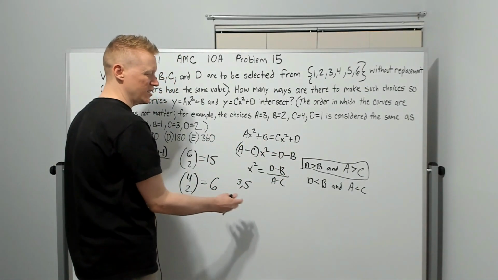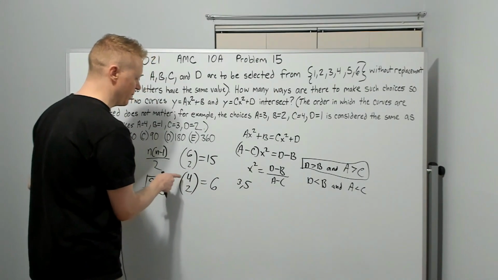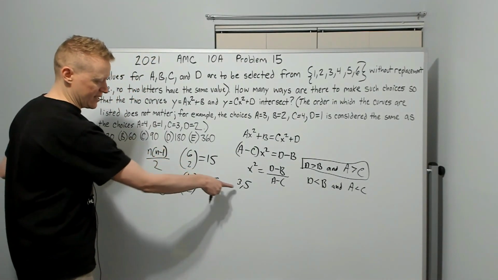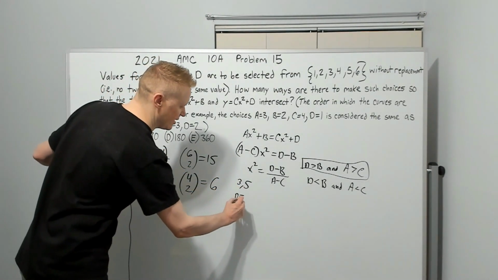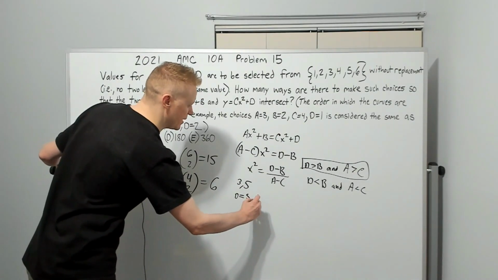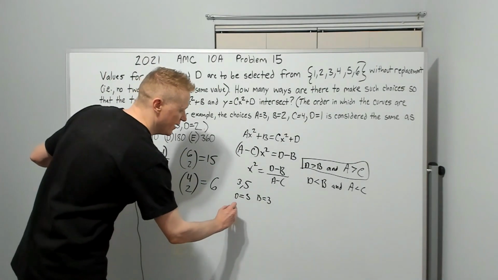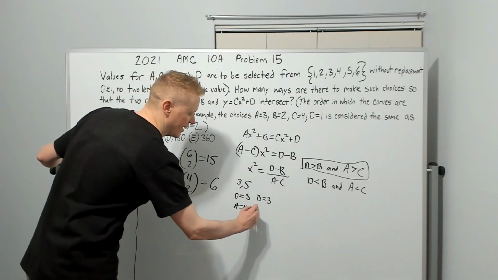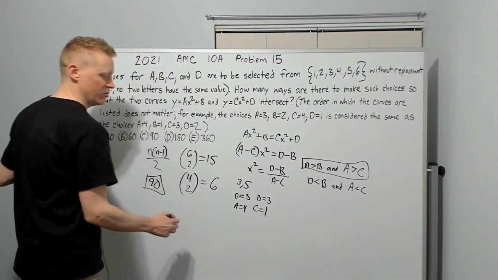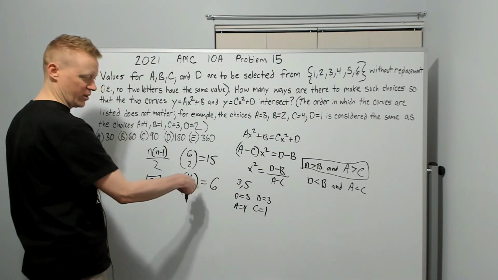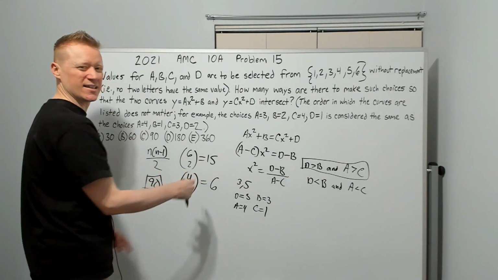So let's just do a scenario. If I was to count this one right here, we've got D equals 5, B equals 3. And let's say the other 2 terms were 4 and 1. Then A would have been 4 and C would have been 1. This choice of 4 and 1 from the remaining numbers is just randomly assigned to investigate.